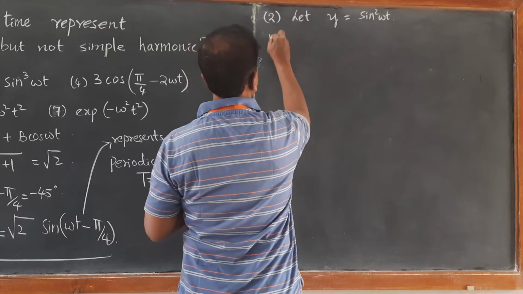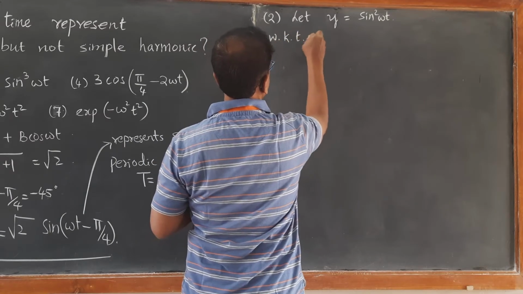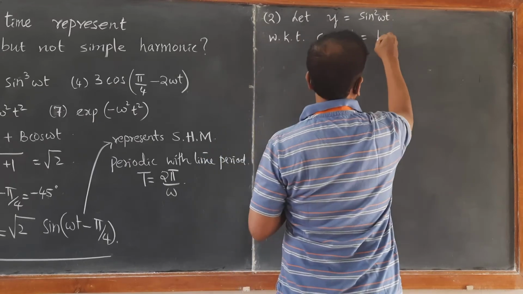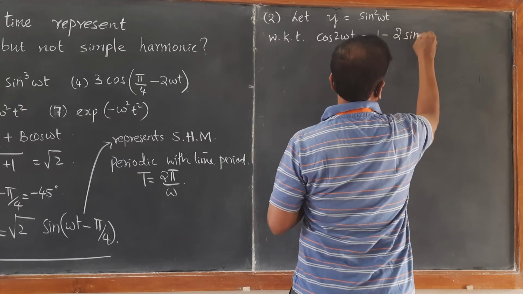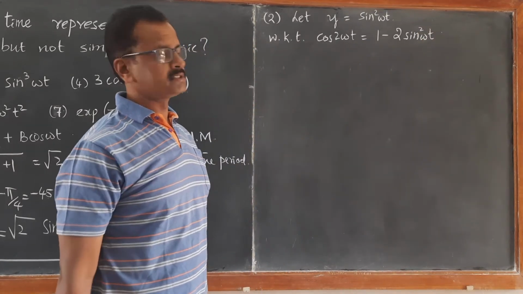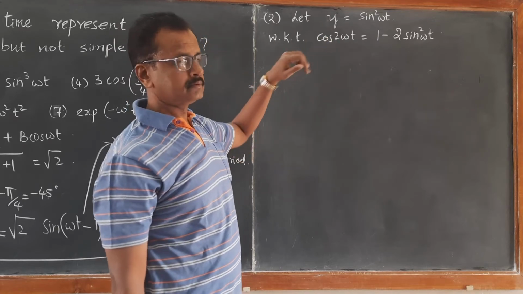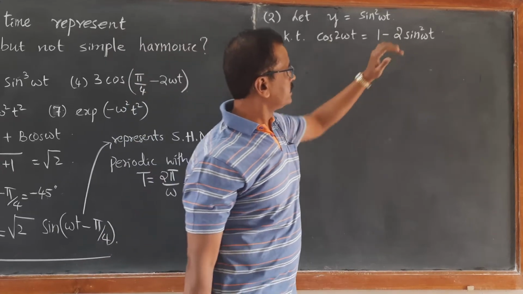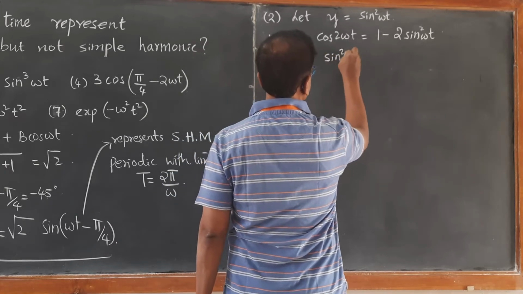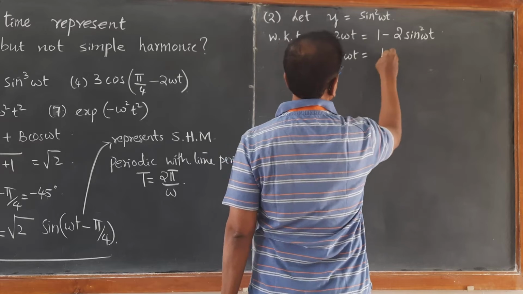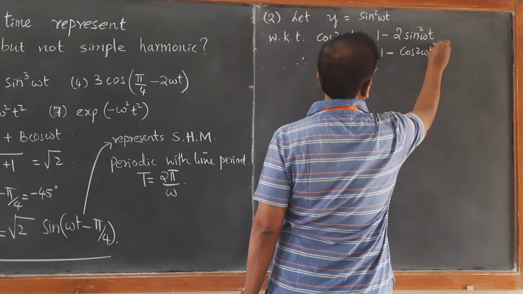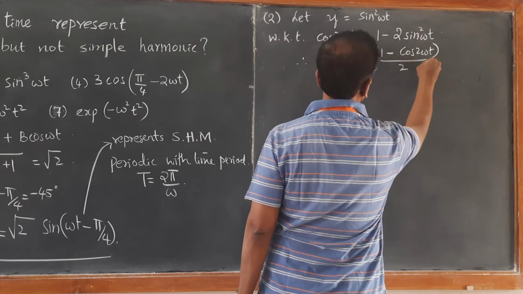We know that cos 2 omega t is equal to 1 minus 2 sine square omega t. So using this cos double function, we can write what is sine square. Therefore, sine square omega t becomes equal to 1 minus cos 2 omega t whole divided by 2.